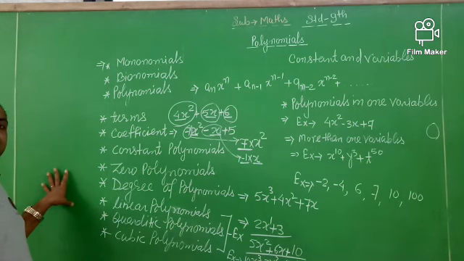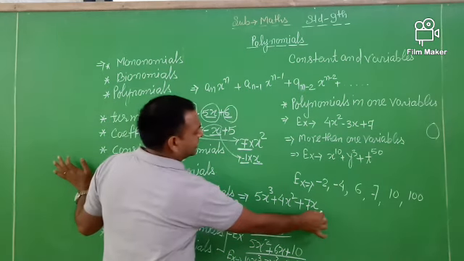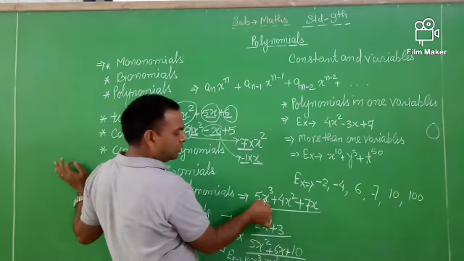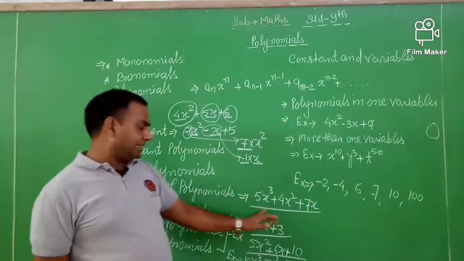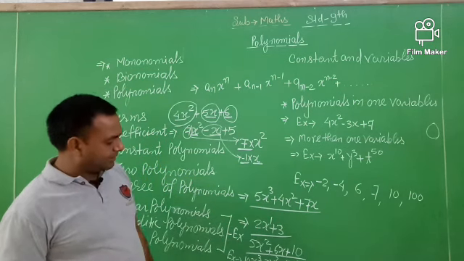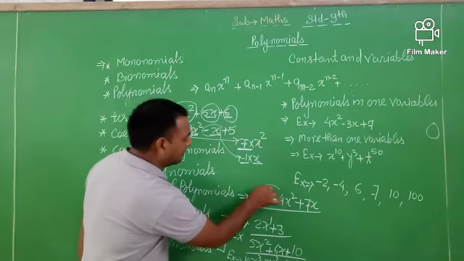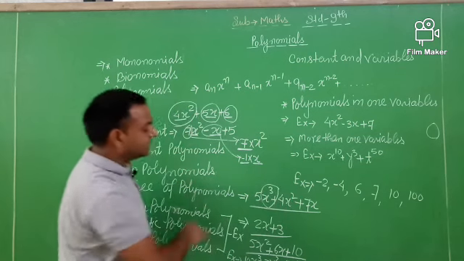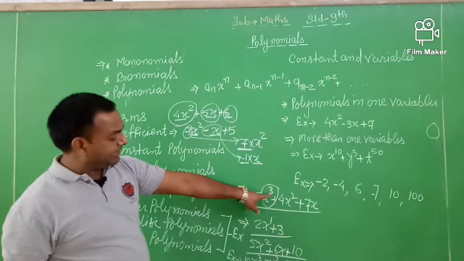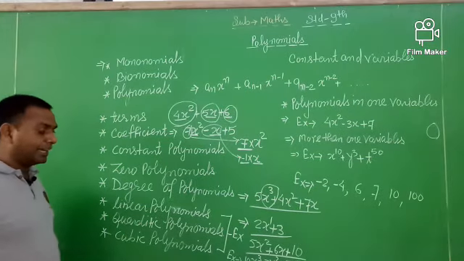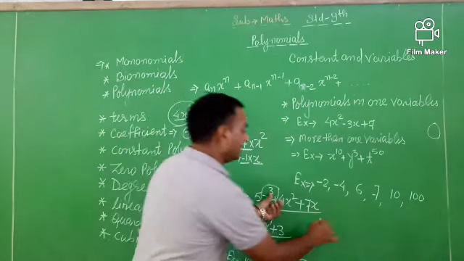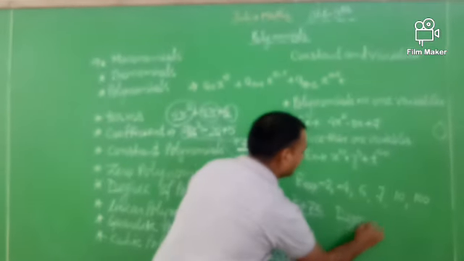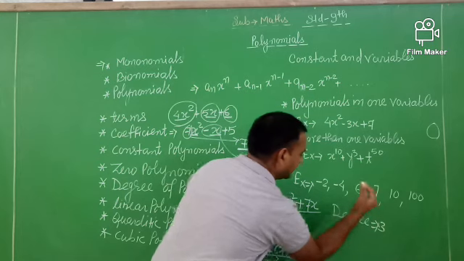This is called the degree of the polynomial. Here in this question, 5x cube plus 4x square plus 7x, the highest power of x is 3. So you can say that the degree of this polynomial is 3.